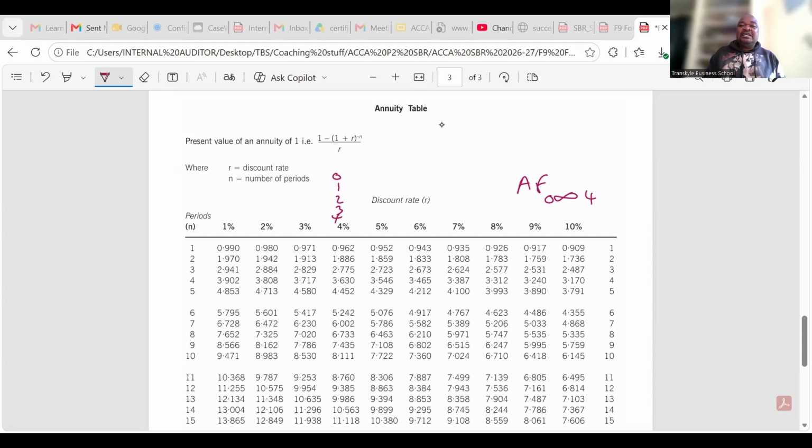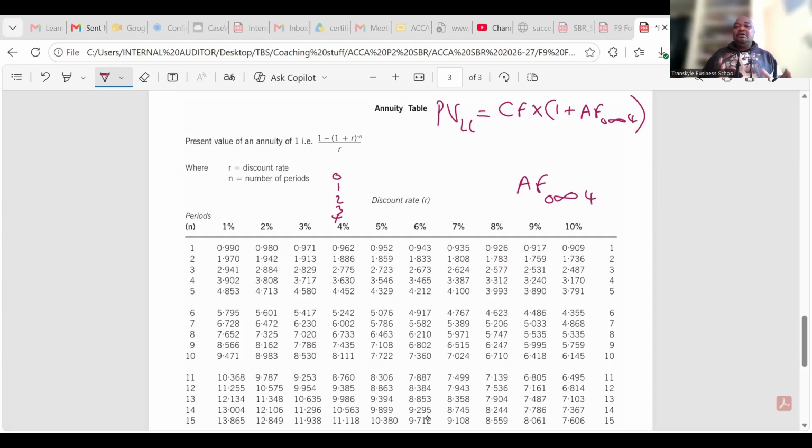So we say that the PV of the lease is going to be the cash flow multiplied by 1 plus the annuity factor 0 to 4. Is that clear?